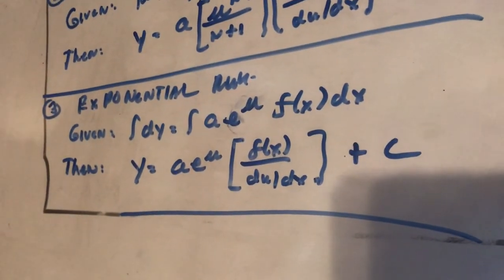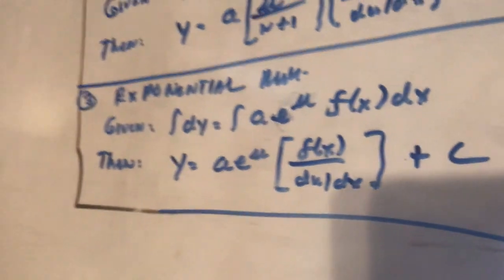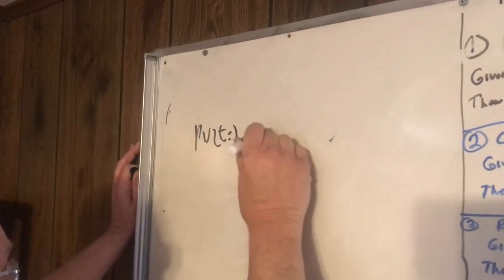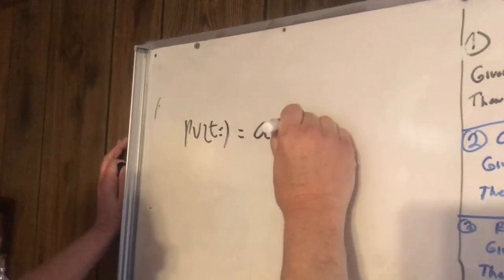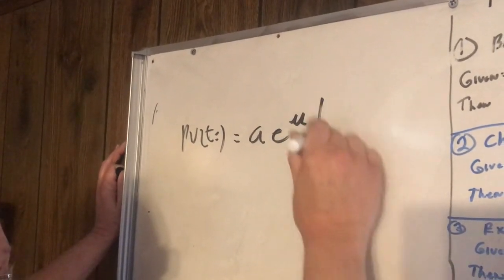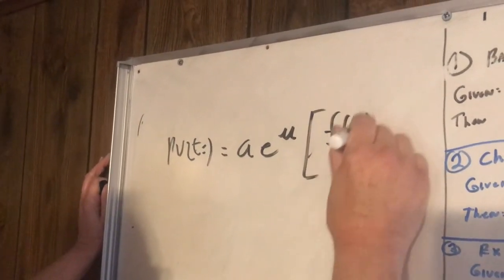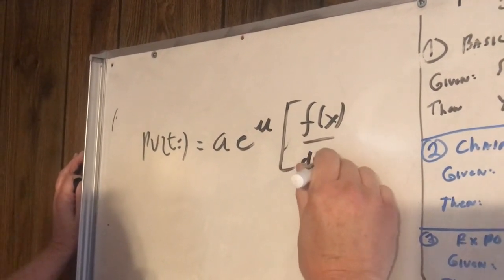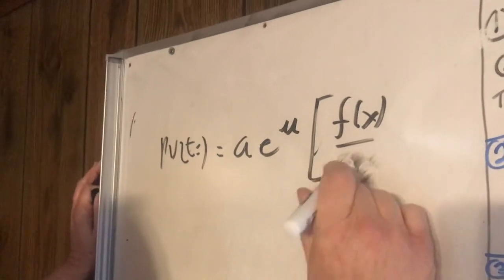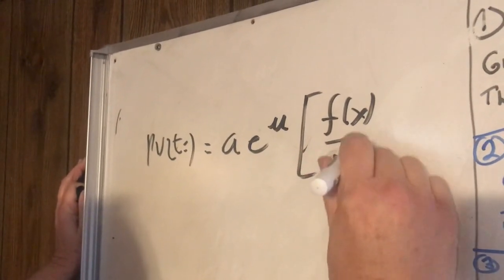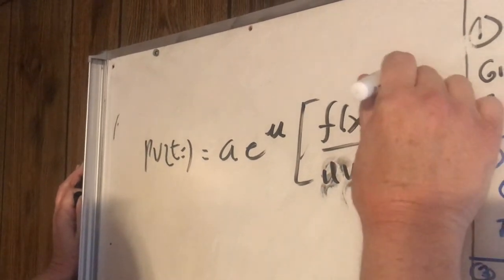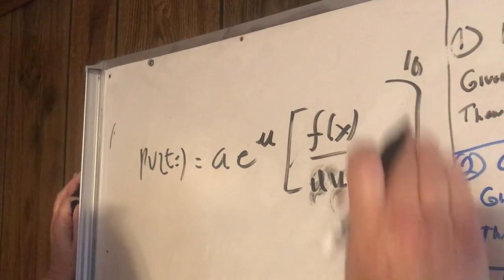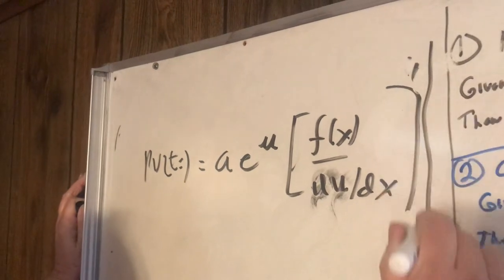So the rule is that PV(T), which we're looking for, is going to be A e to the u, f of x over du dx, between the values of 0 and 10. That's the whole thing. The whole thing is between 0 and 10.